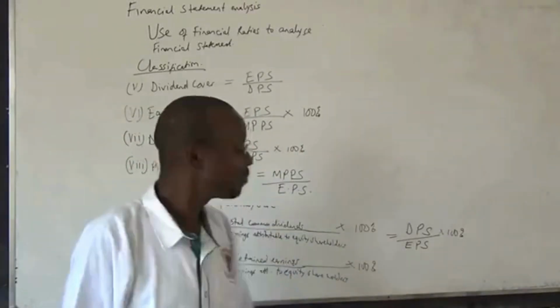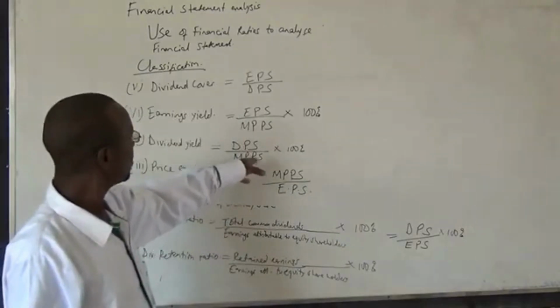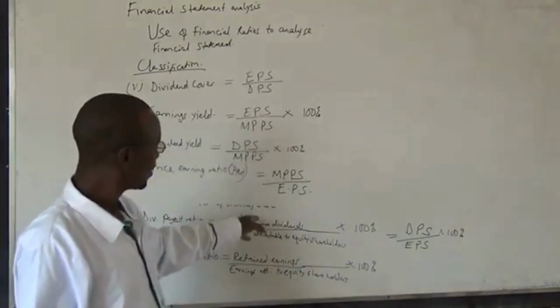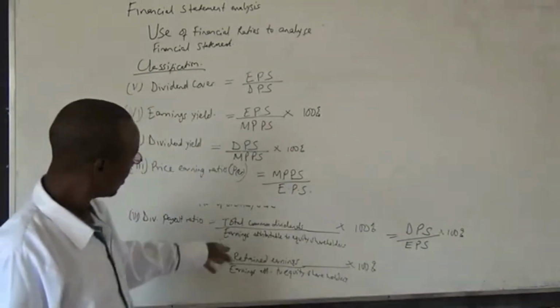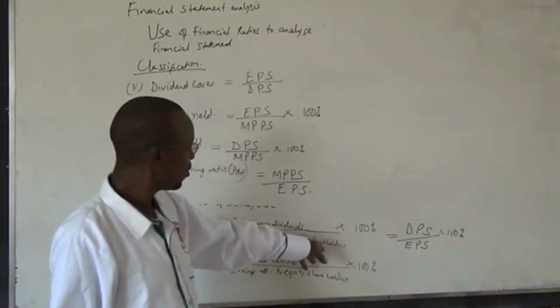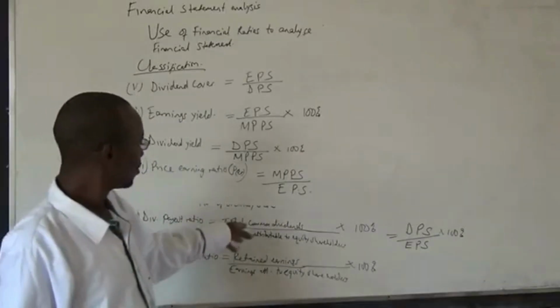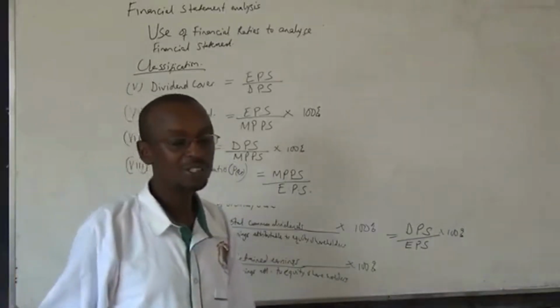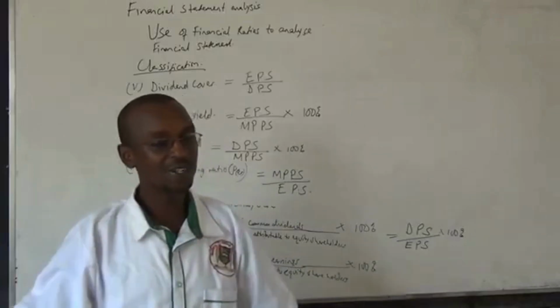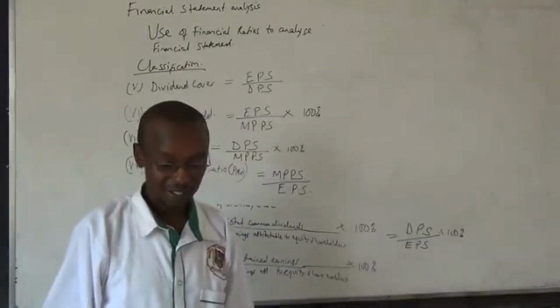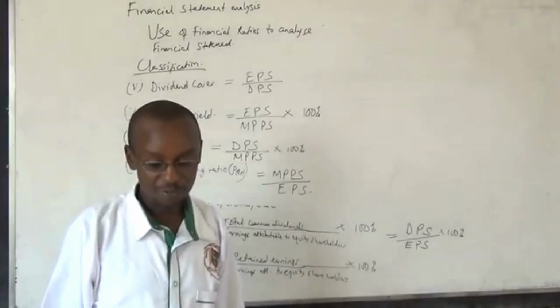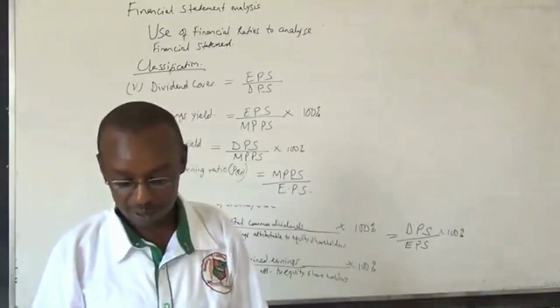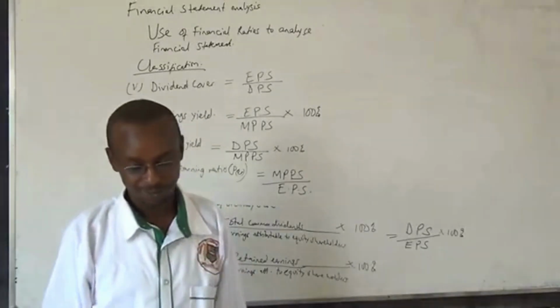Those are ambiguities. The way some people interpret this is different. Others say it is attributable to equity shareholders. Total common dividends, when I include dividends up to preference shares. Okay? Ambiguity.